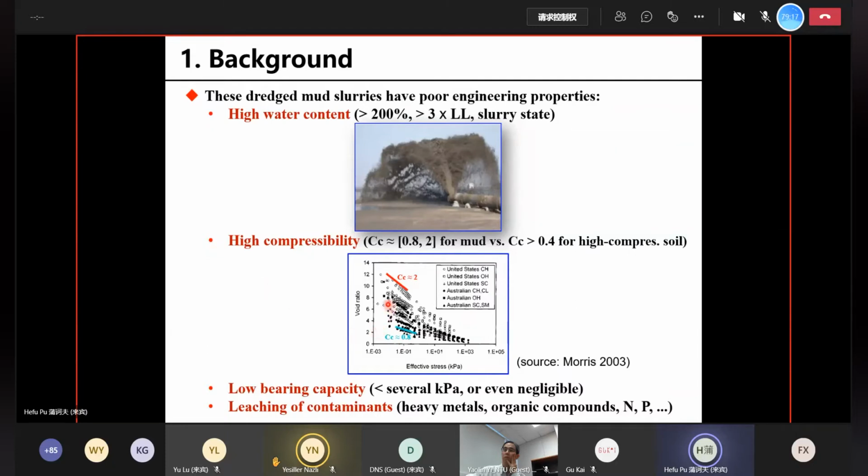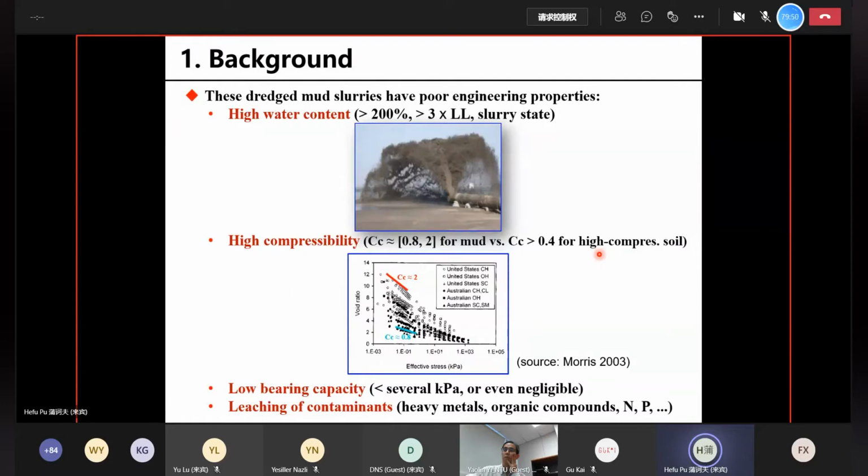From the figure here, Professor Morris compiled lots of data for different kinds of dredged materials. We can see that the compression index, Cc, usually ranges between 0.8 to about 2.0, and sometimes it's even higher than that. In contrast, in conventional soil mechanics, if the compression index Cc is higher than 0.4, then we consider it as high compressibility soil.